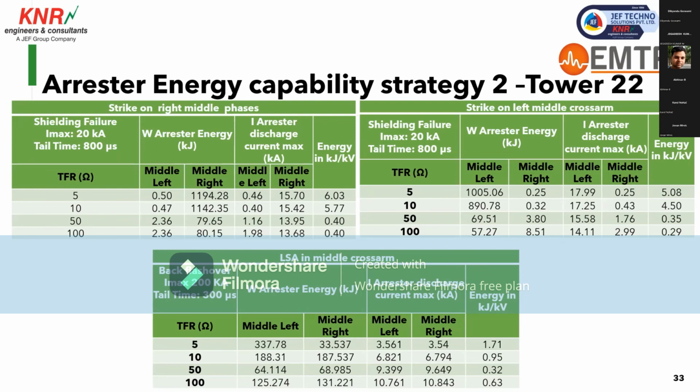This has to be done for each strategy, because the energy sharing between the arrestors varies with the strategy. Suppose in the whole line you are using only two strategies, then we can just take a representative section and analyze these two strategies alone.